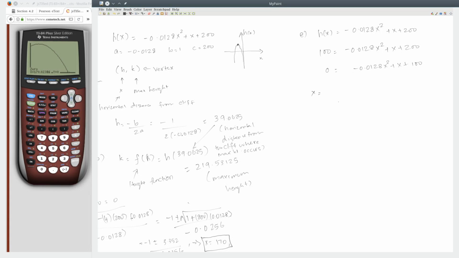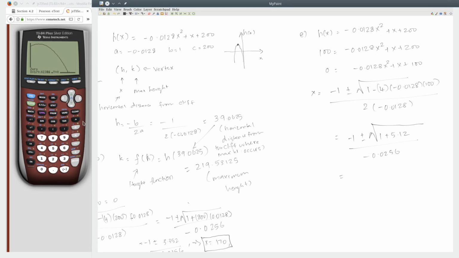Again, we could use the quadratic formula, or we could take a graphical approach. Let's use the quadratic formula first, which is minus b plus or minus the square root of b squared minus 4 times a times c, over 2a, 2 times minus 0.0128. So we'll get minus 1 plus or minus the square root of 1 plus 5.12 over minus 0.0256.